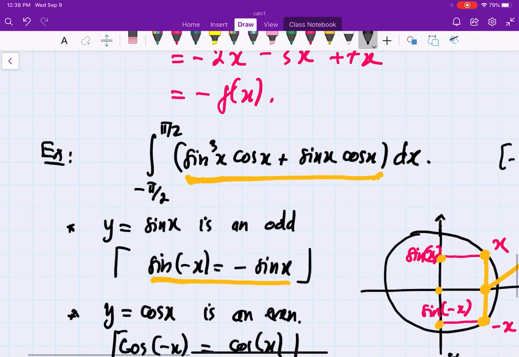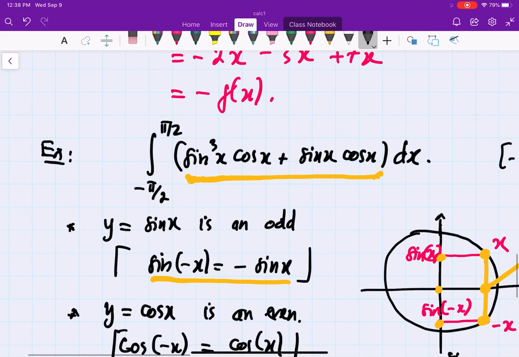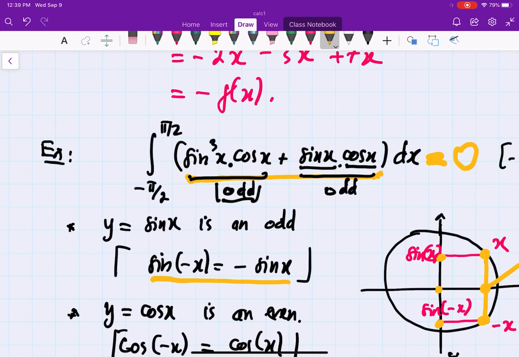Sine cubed is an odd function times cosine, which is even. So this function is odd. We will show that right now. It's just an observation. This is even, this is odd. So the product of an even and odd is odd. You see, you have a sum of two odd functions. So the integrand function is odd. That means this integral is just equal to 0.